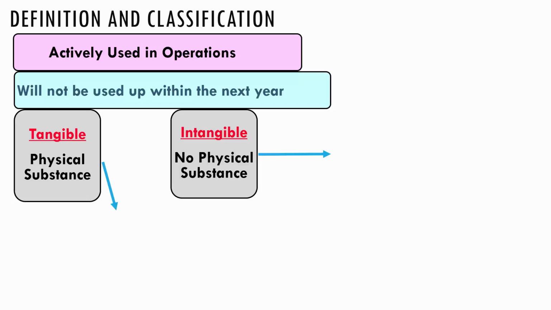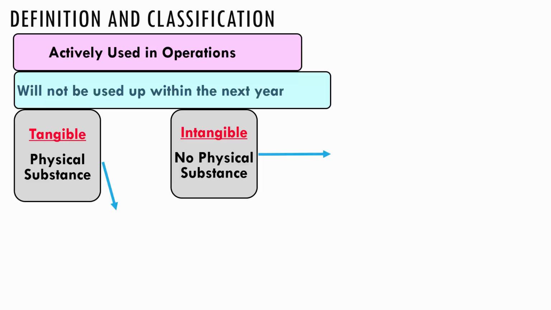There are also intangible things that do not have a physical substance, and we will talk a little bit more about those. But think of copyright, for example, or trademarks. These are things that will not be used up in the near future. They will be used up over a longer period of time, so they're long-lived assets. But they don't have a physical substance.